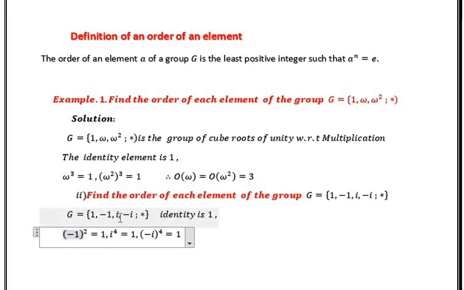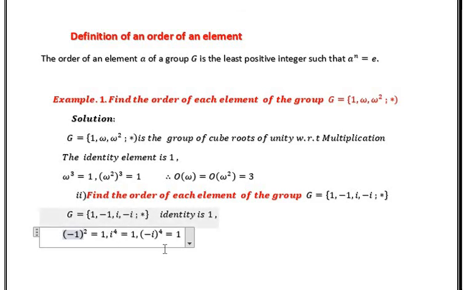Then take third element, i to the power of 4 is equal to 1. i power of 4 can be written as i square into i square. i square value is equal to minus 1. Minus 1 into minus 1 is 1. Therefore, the order of i is 4.